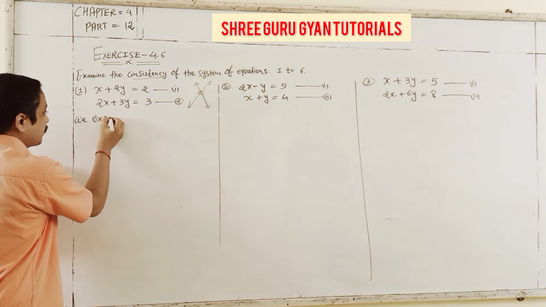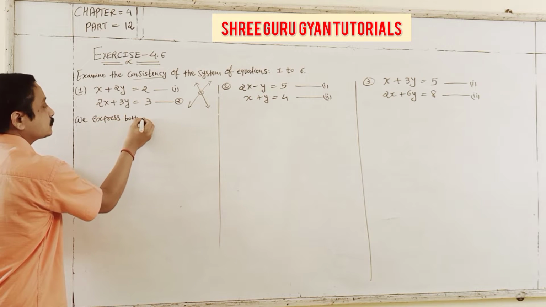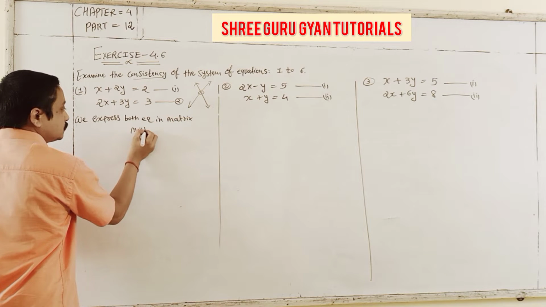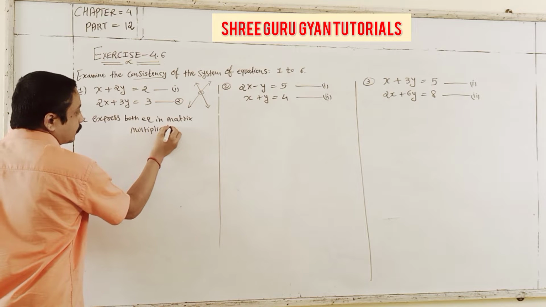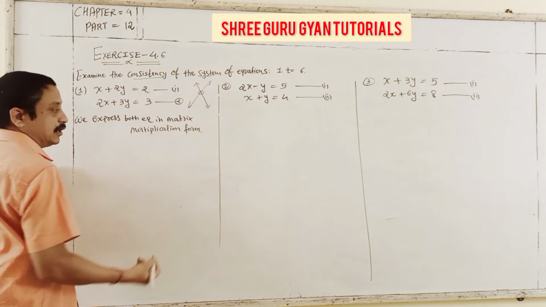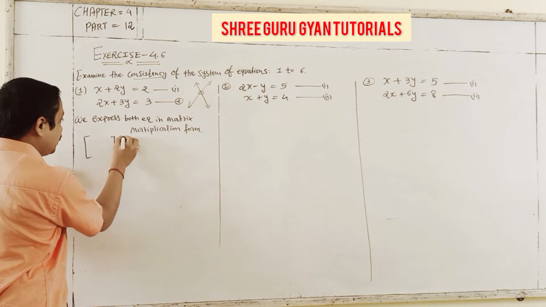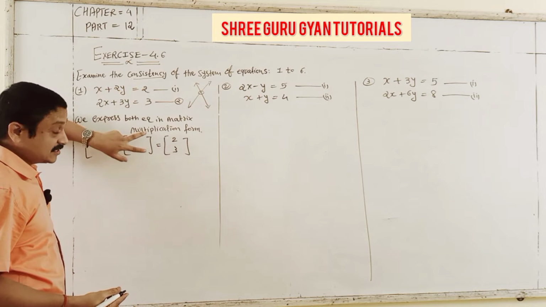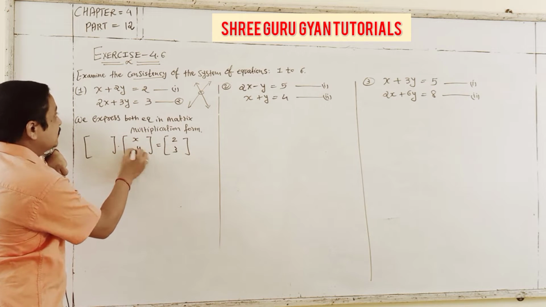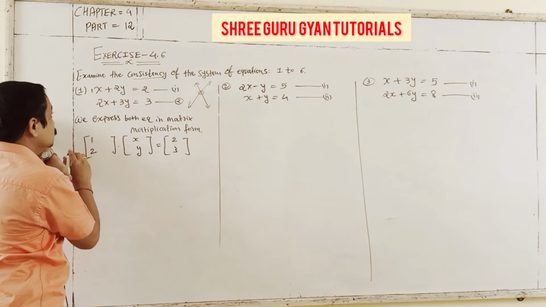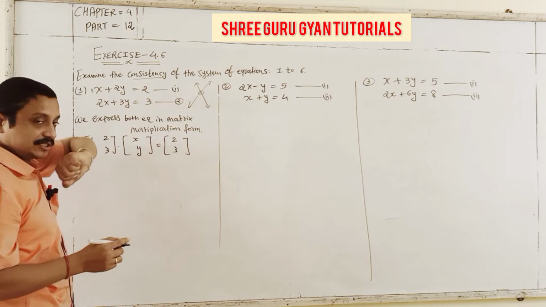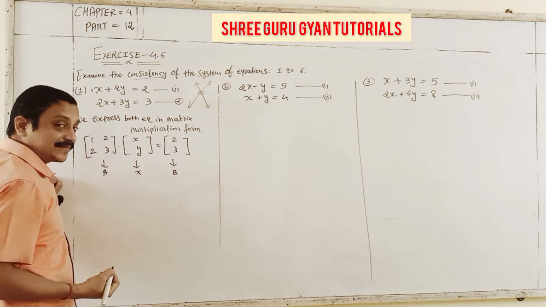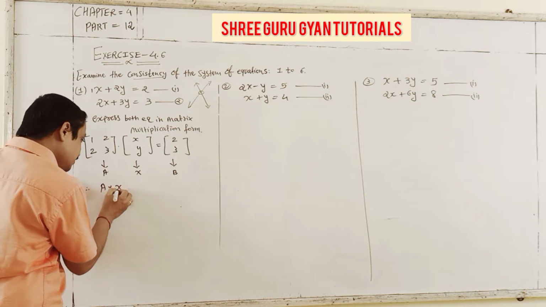Writing in multiplication form, here is the matrix with entries 1 2, 2 3, then x and y, and the numbers on the right. Call these A, X and B. So definitely A into X is equal to B.